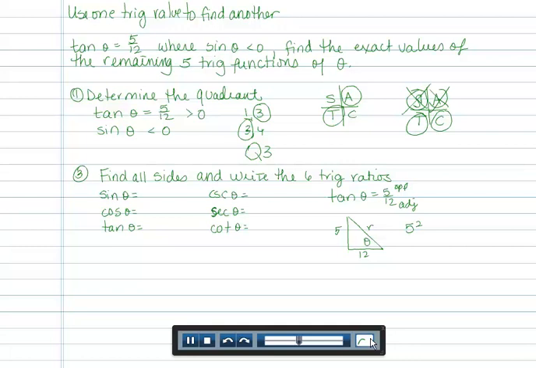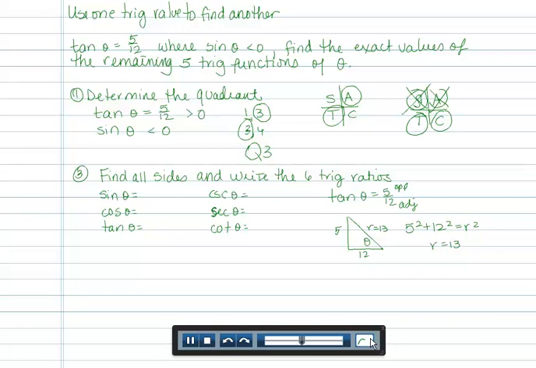Well, we can find that easily by 5 squared plus 12 squared equals r squared. So r is equal to 13. So now that we know r, we know all of the ratios.